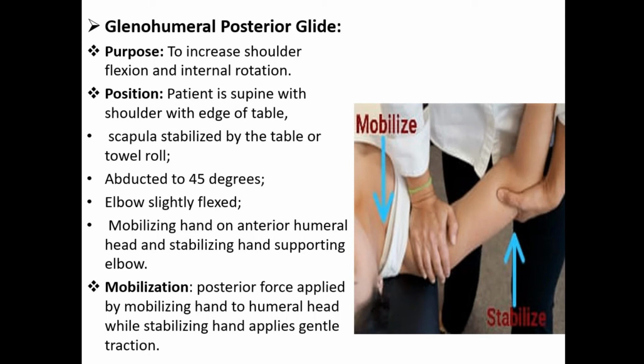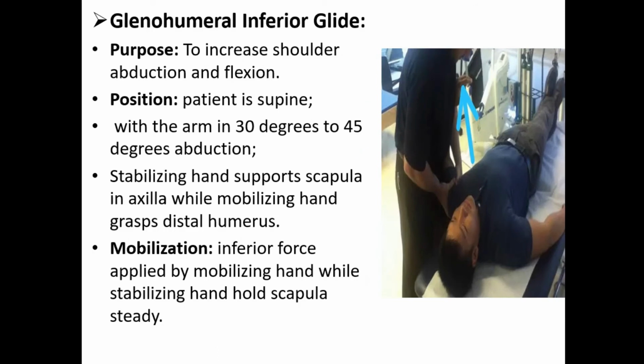Mobilization. Posterior force applied by mobilizing hand to humeral head while stabilizing hand applies gentle traction. This is a glenohumeral posterior glide. Third one is glenohumeral inferior glide. Purpose: to increase shoulder abduction and flexion.